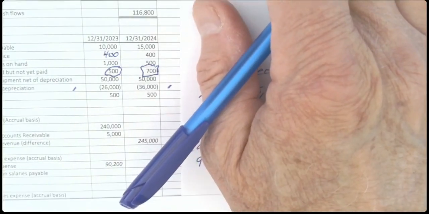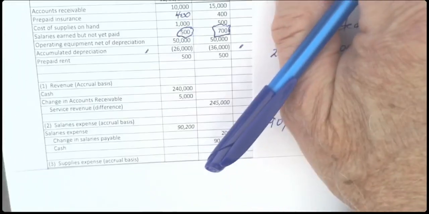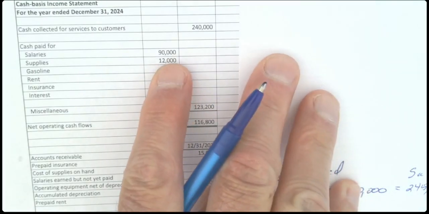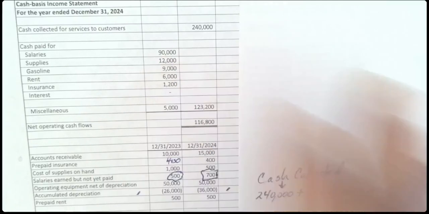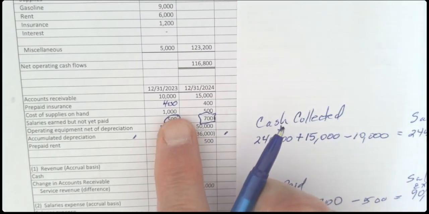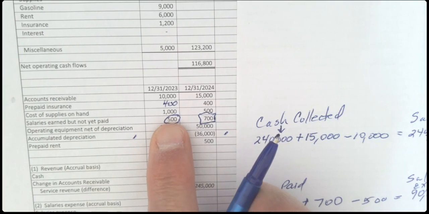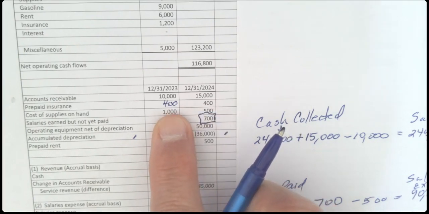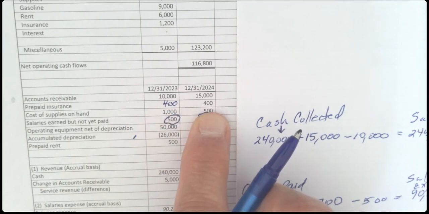What do we do next? Let's do supplies next. Supplies expense. We paid $12,000 for supplies, we see in our checkbook. Then when we thought about what's still on hand at the end of the year, there was $1,000 of supplies at the beginning in the cabinets, but there's $500 of supplies at the end of the year.